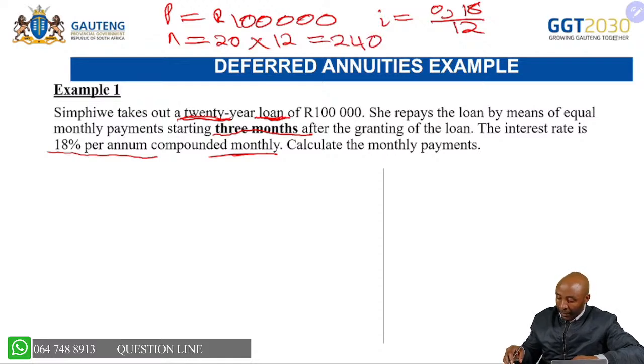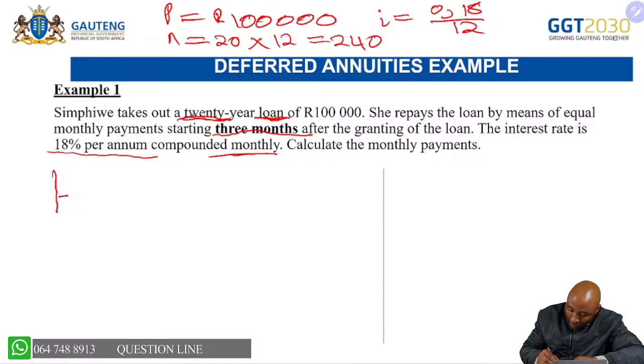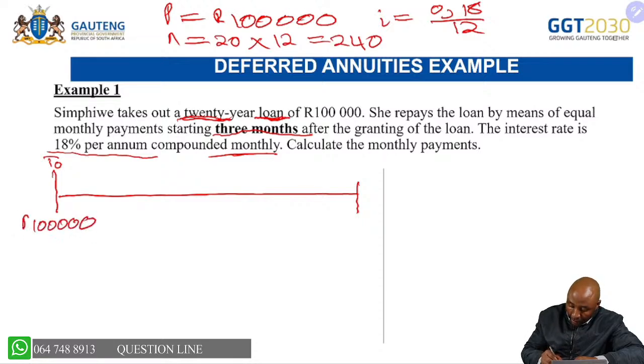Now, let's go back and come up with a timeline to represent the scenario. I will draw my timeline like that. So at T0, I have 100,000 rands there.